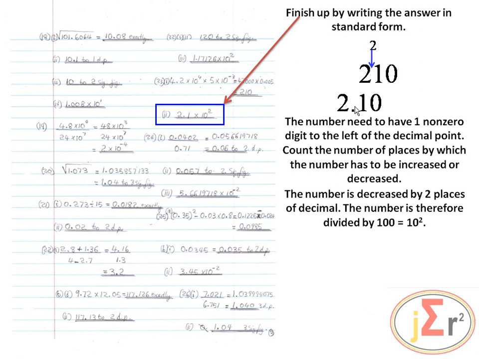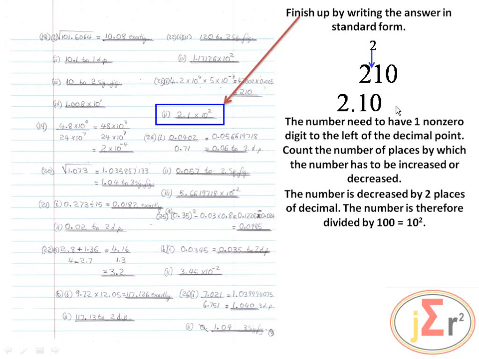And we realize because of the location of the point in this number relative to the assumed location of the point in the previous number, that there is a reduction by 2 places of decimal. And that is equivalent to dividing by 100 or 10 to the power of 2.